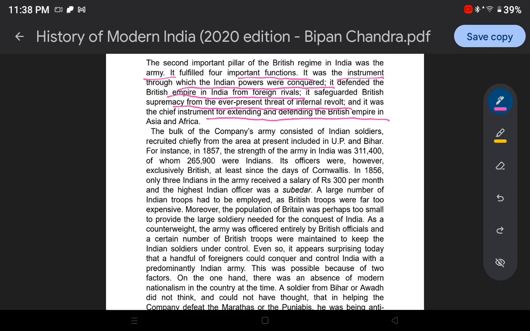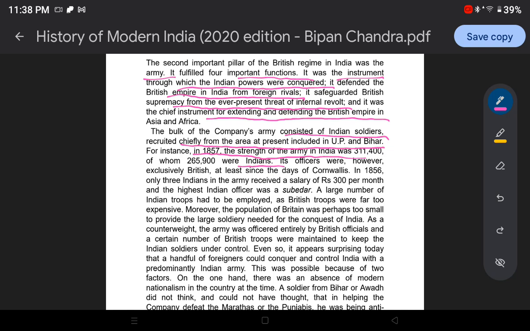The bulk of the company's army consisted of Indian soldiers recruited chiefly from areas at present included in UP and Bihar. For instance, in 1857, the strength of the army in India was 3,11,400, of whom 2,65,900 were Indians.